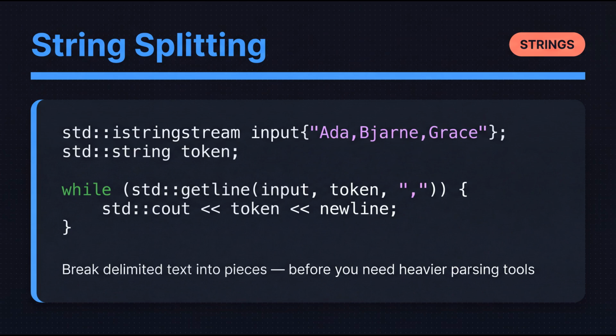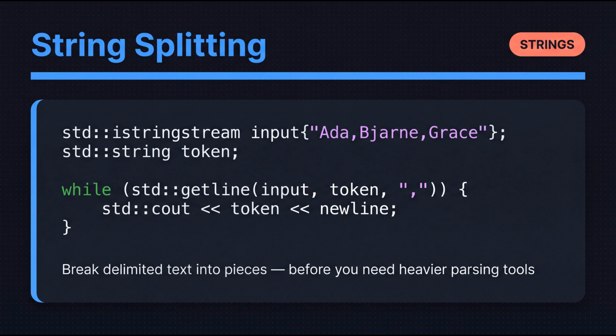Here's a practical pattern that comes up all the time. Splitting a delimited string into pieces. We create an istringstream from the text "Ada,Bianca,Grace". An istringstream lets you treat a string as if it were an input stream, just like cin. Then we call getline in a while loop, passing the stream, a token variable, and the comma character as a delimiter.